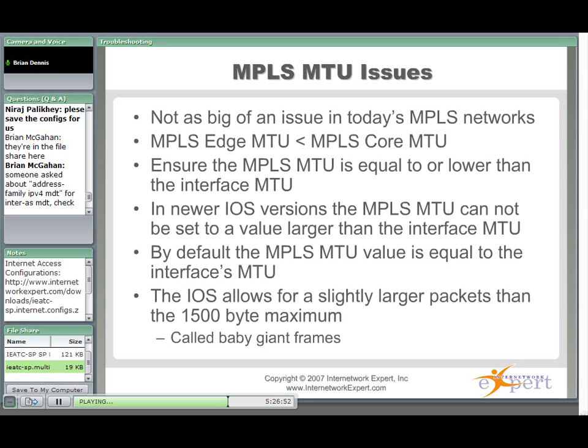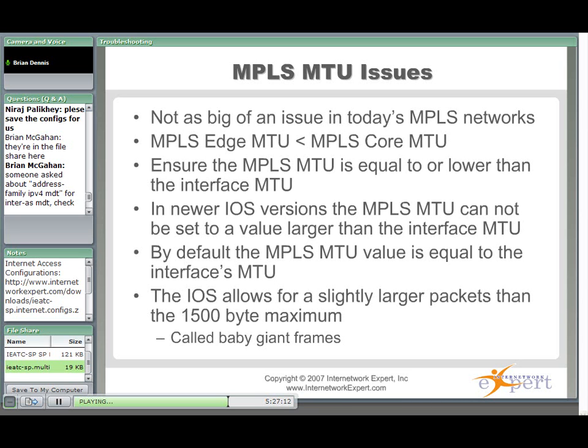It's not an issue today in the networks you deal with today. For one thing, you can't set the MPLS MTU larger than the interface's MTU, 1,500 bytes. It won't allow you. It used to allow you to do that. Another thing is that Cisco IOS can support frames larger than 1,500 bytes.